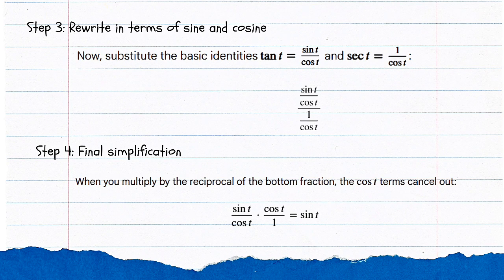Step 4 is final simplification. When you multiply by the reciprocal of the bottom fraction, the cosine t terms cancel out. Sine t over cosine t times the reciprocal cosine t over 1, which gives us our answer, sine t.